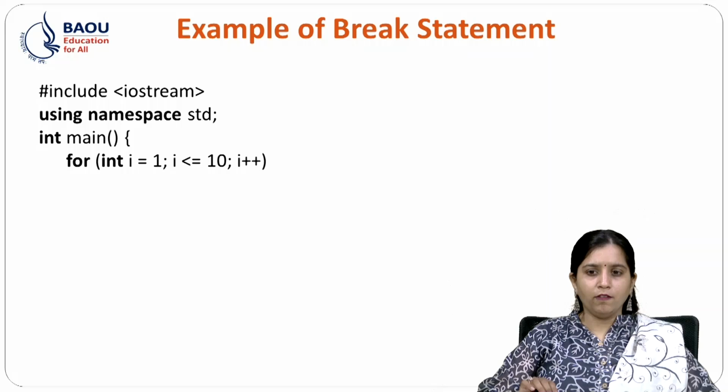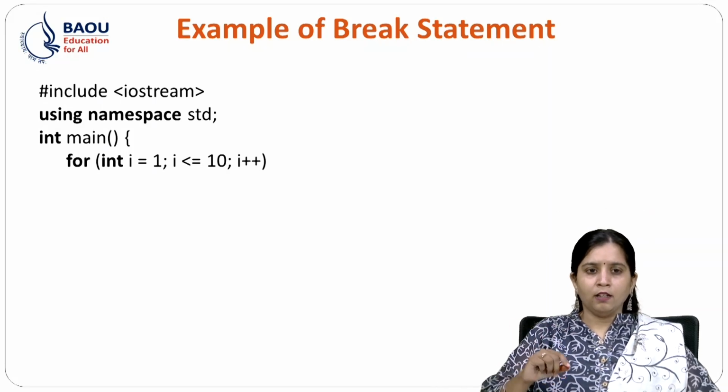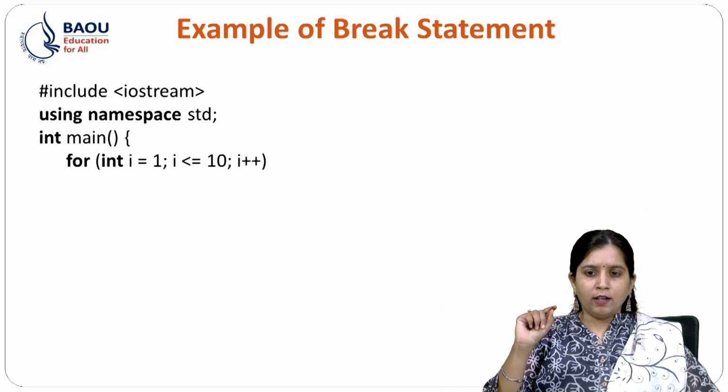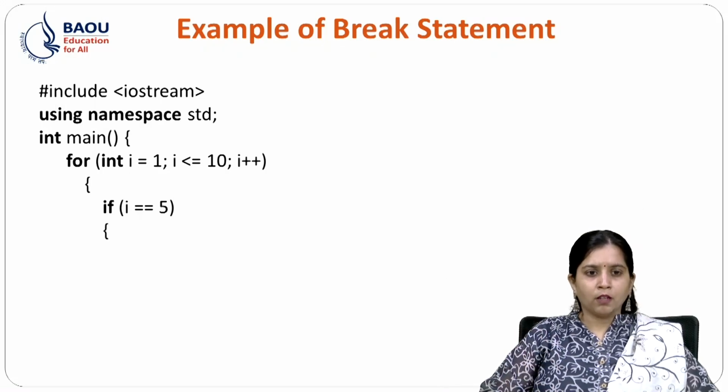After that, we have given a condition that this for loop iterates from 1 to 10. What this will do is, if i equals 5, then the break statement is used, and cout i.